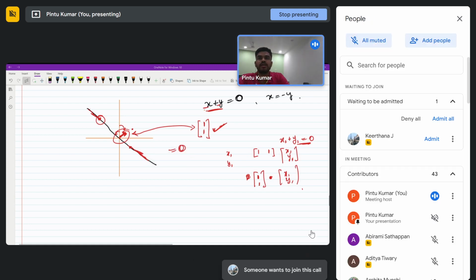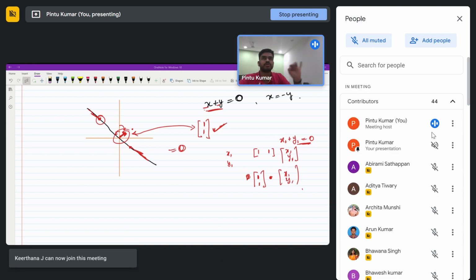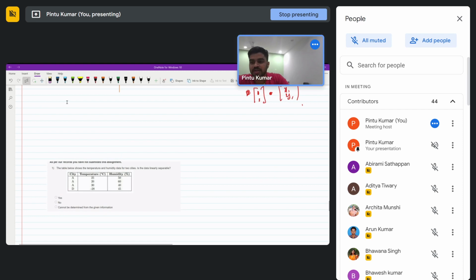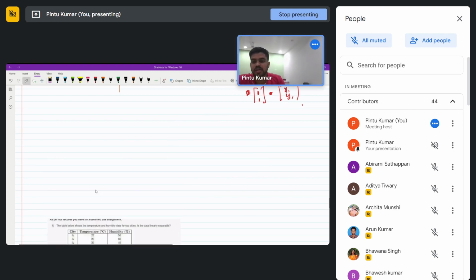So if you have a line, the dot product of points on that line with this red vector, the perpendicular vector, is always 0. For example, let's say you have the line 2x plus 3y equals 0. Then its perpendicular vector would be 2 comma 3.